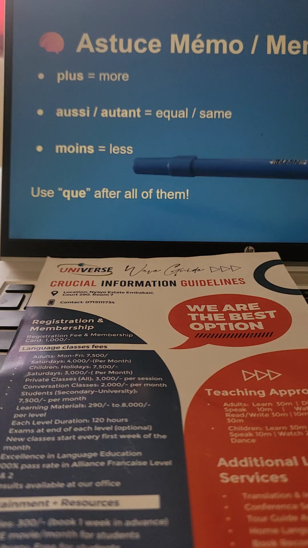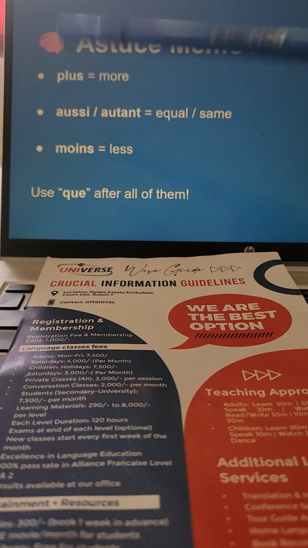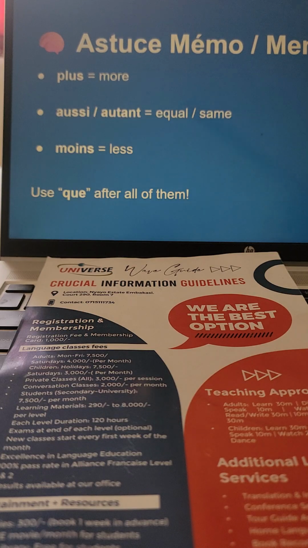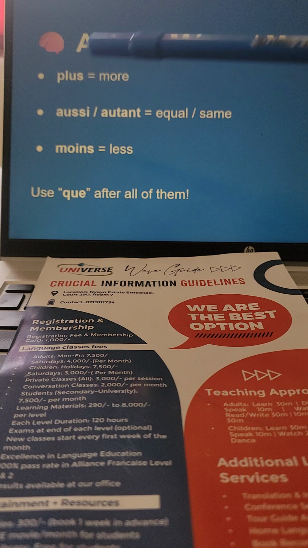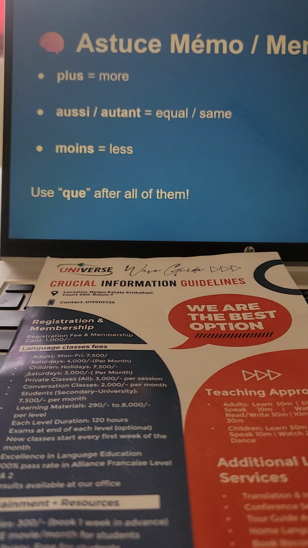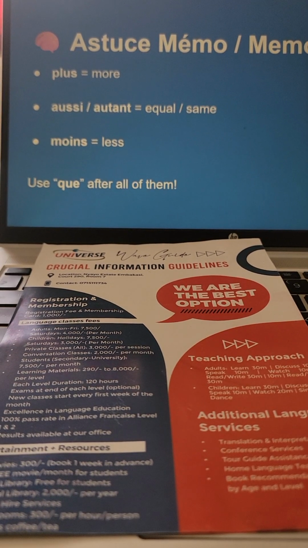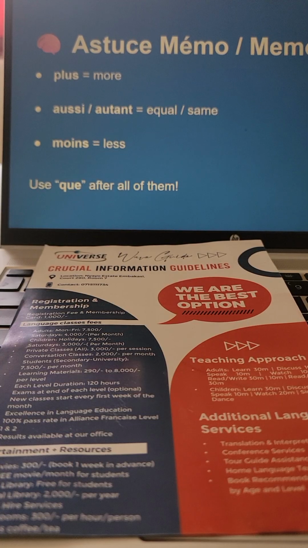When you go to nouns, you start with plus de, noun, que, autant de, noun, que, and then moins de, noun, que.